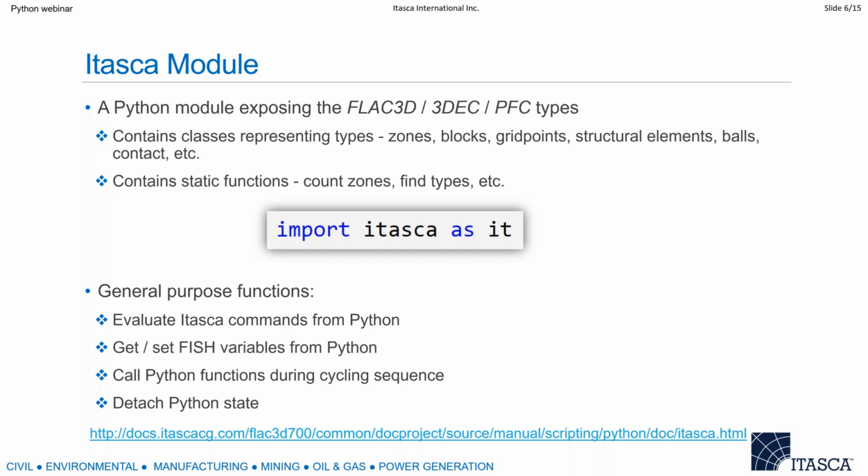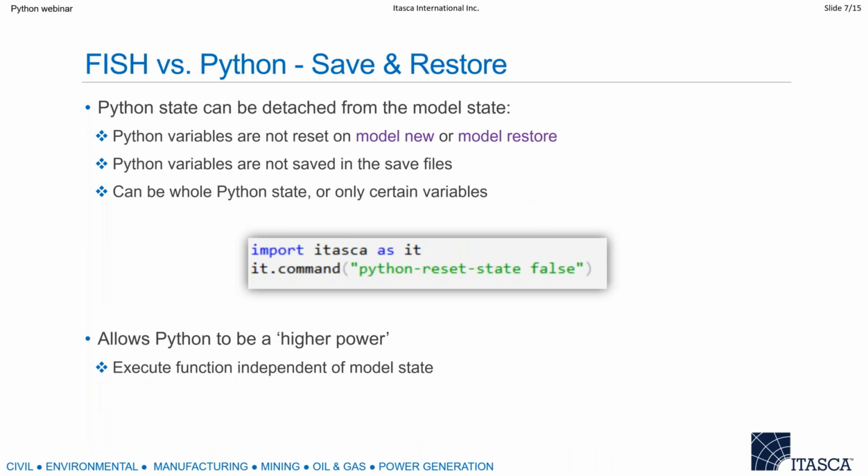We can also detach the Python state from the model state. What do I mean by that? As you know, with Fish, when the command model new or model destroy is used, the Fish variables will be cleared. But the Python variables are not reset if you set the Python reset state to false.